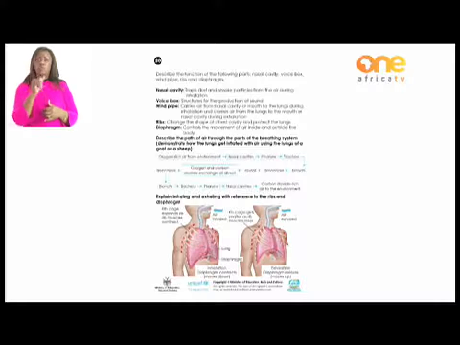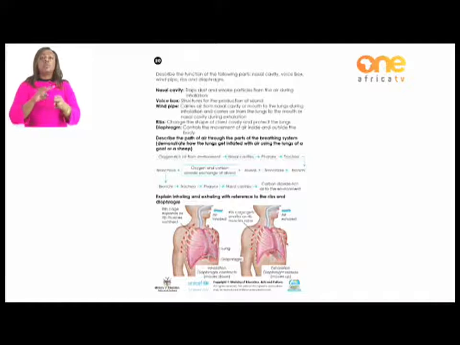And then what happens? Carbon dioxide, which is not needed in our body, now starts to move from the lungs through the other parts of the breathing system until it goes out. So it's the bronchioles, the bronchi, the trachea, pharynx, nasal cavities, and the carbon dioxide goes into the atmosphere through the nose or through the mouth.